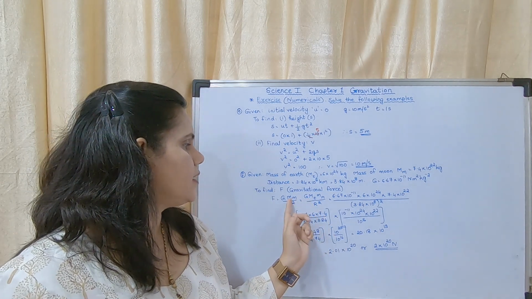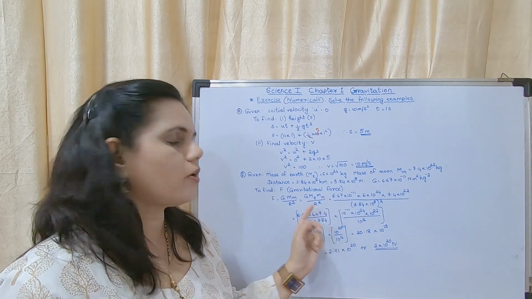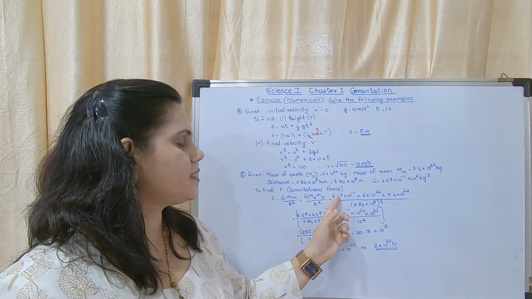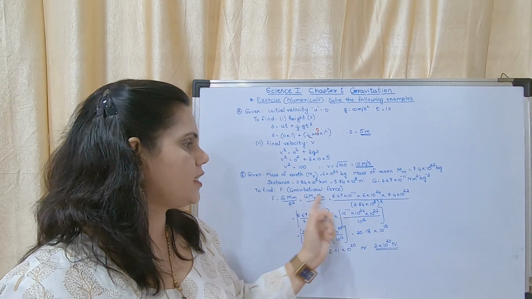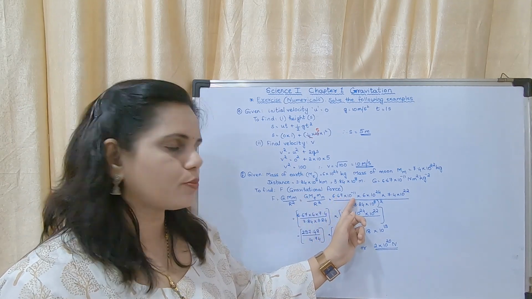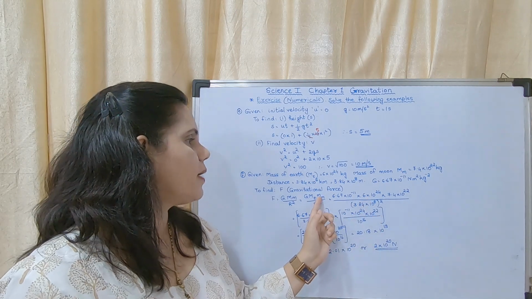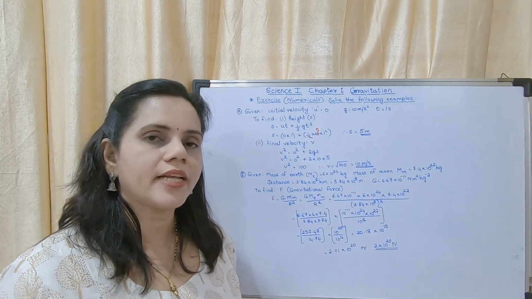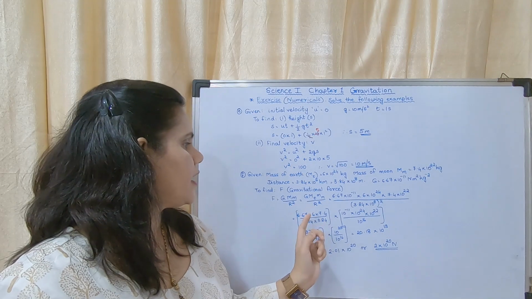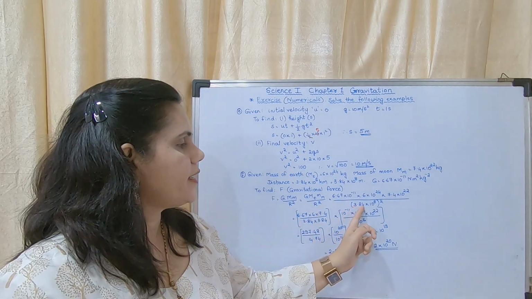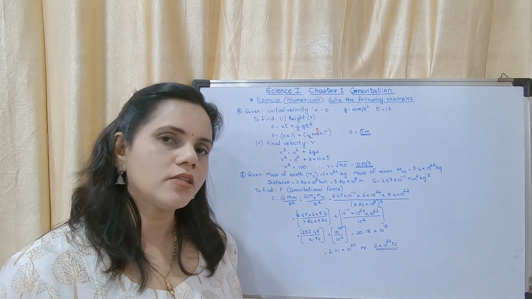Now here the mass of earth, mass of moon upon distance square. The g is 6.67 into 10 raised to minus 11. Mass of earth is 6 into 10 raised to 24. Mass of moon is 7.4 into 10 raised to 22. Okay. Now and upon 3.84 into 10 raised to 8 the whole square.